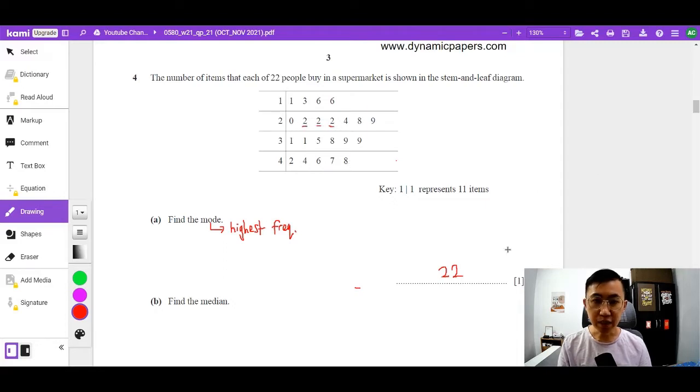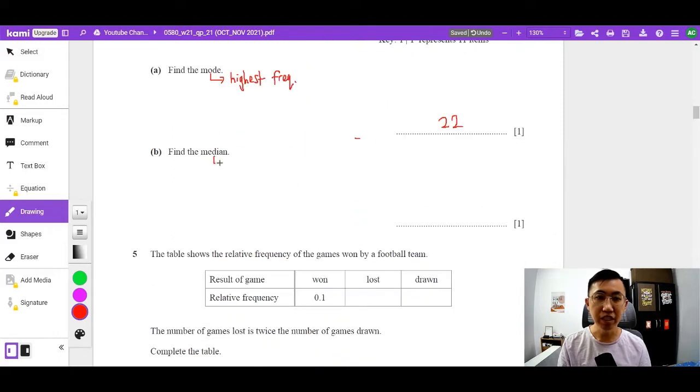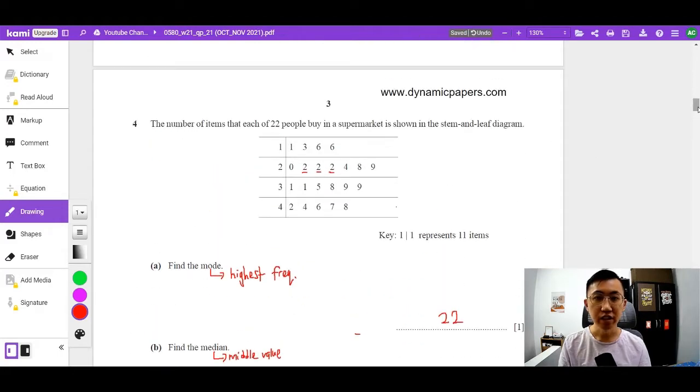Okay, find the median. Alright, so median means the middle value. Oh, it's a 1 mark question. Alright, that means no need to do working. Okay, so for 22 people or 22 data, the median you have to find the positioning. Okay, so the positioning, the formula is your number of data plus 1 divided by 2 th.